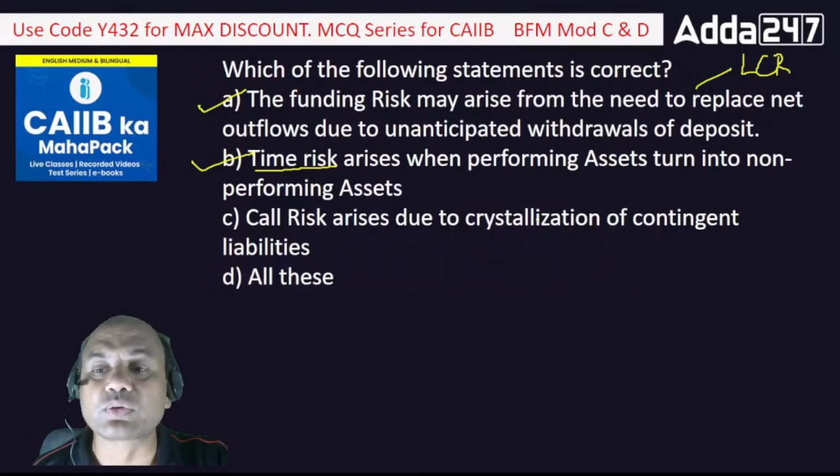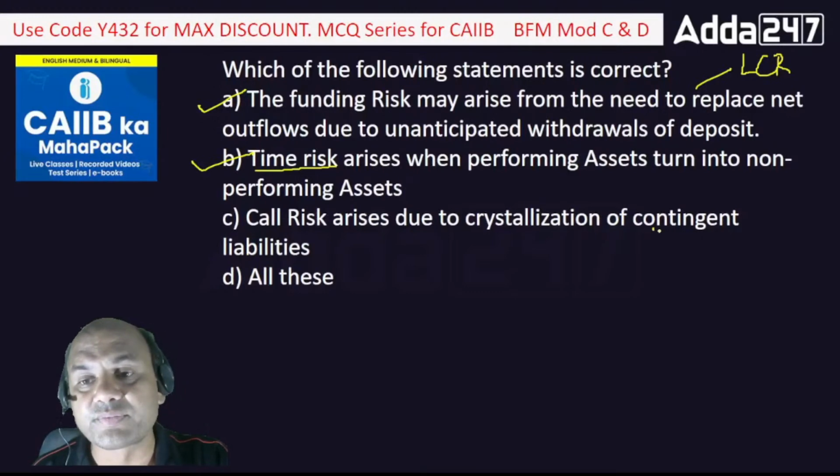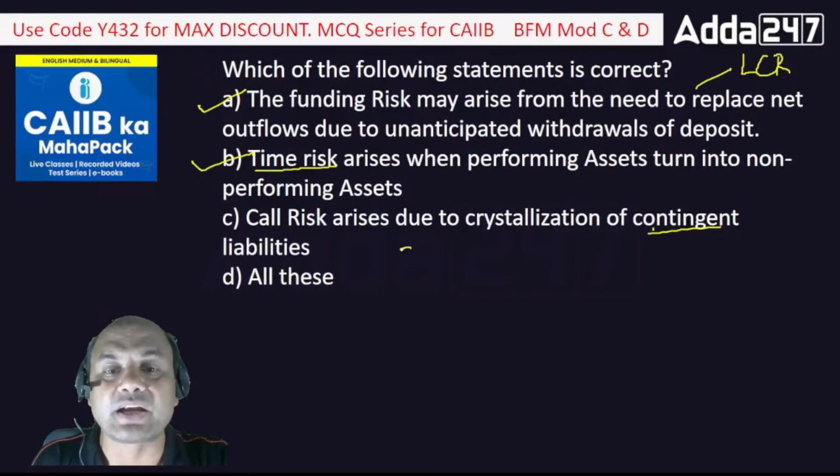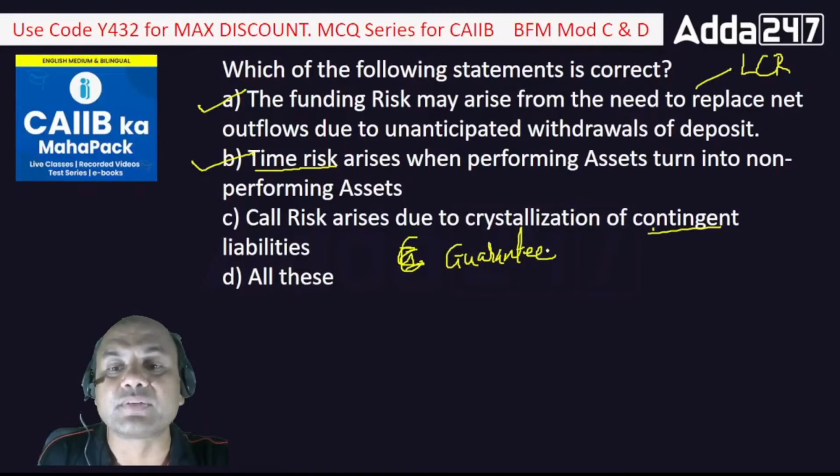Call risk arises due to crystallization of contingent liabilities. What are contingent liabilities? Those liabilities which are to come in future, like a bank guarantee. Suppose my bank gives a guarantee on behalf of a customer.